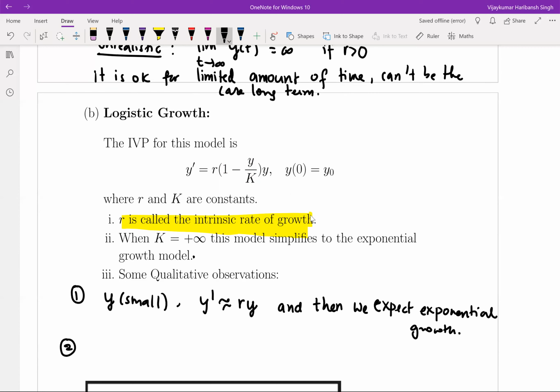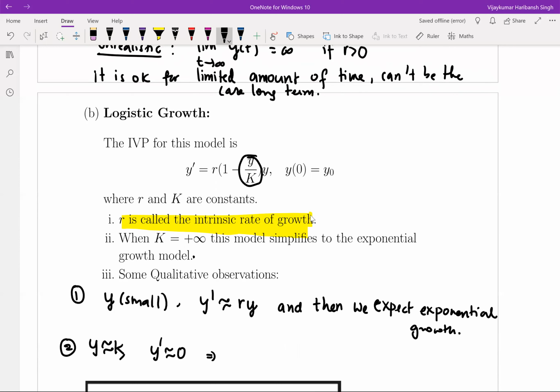Secondly, what happens if y is roughly k? If y is roughly k, then y over k is going to be roughly 1. That means 1 minus roughly 1 is going to be 0. So if y is roughly k, then y prime is roughly going to be 0.